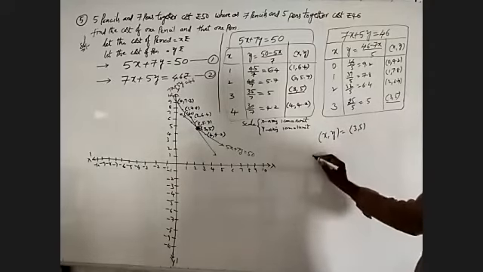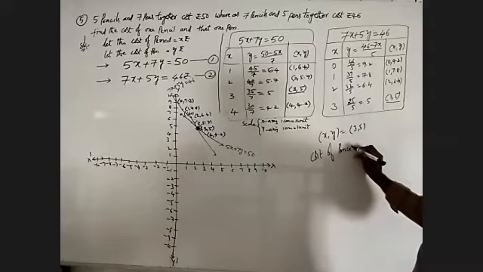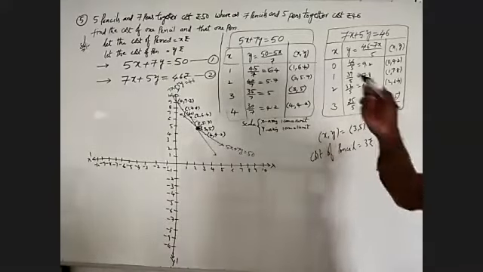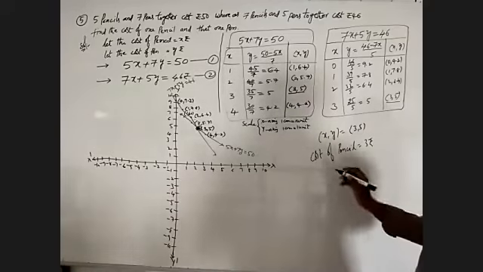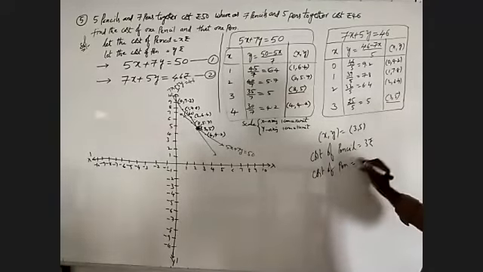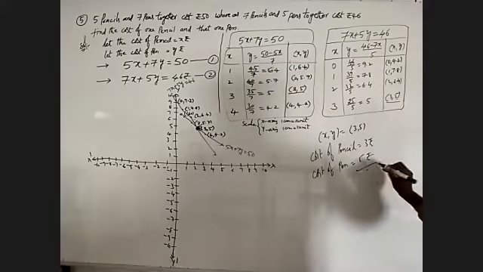First we find the cost of a pencil: x is 3 rupees. Next we find the cost of a pen: we take y rupees, where y is 5 rupees. That is what is asked in this problem.